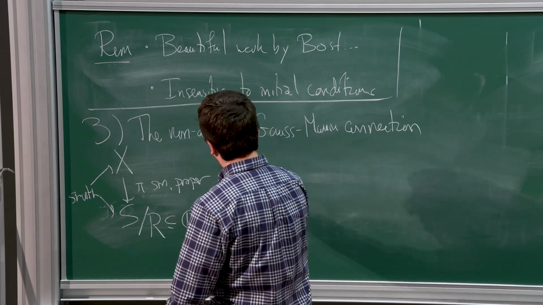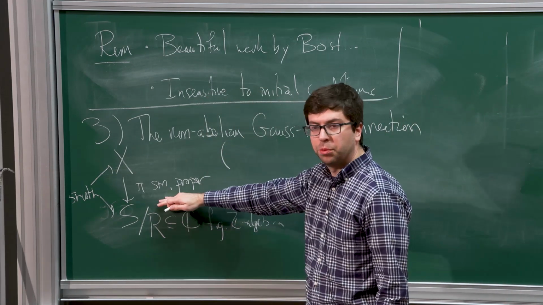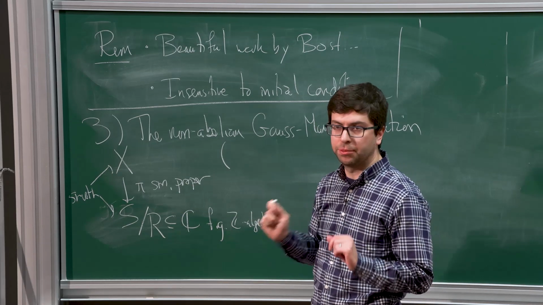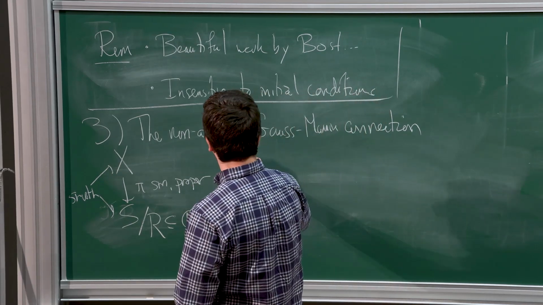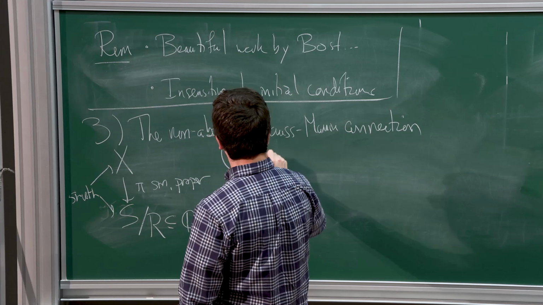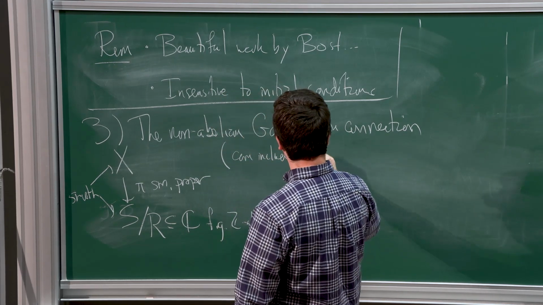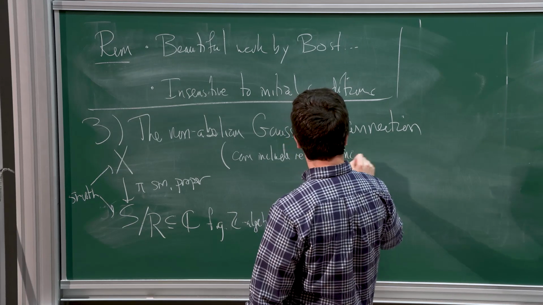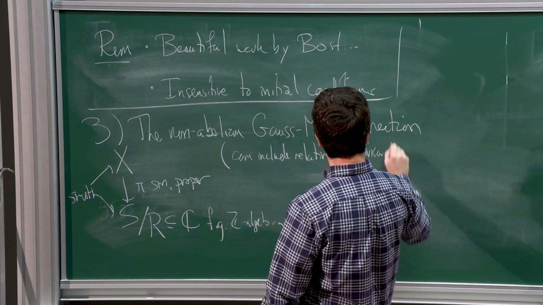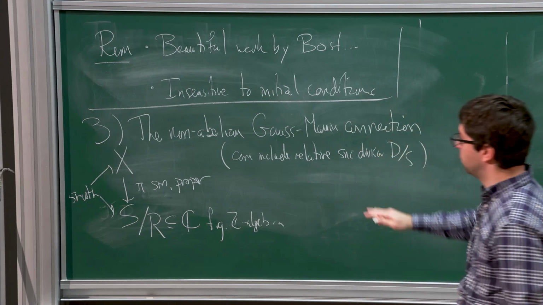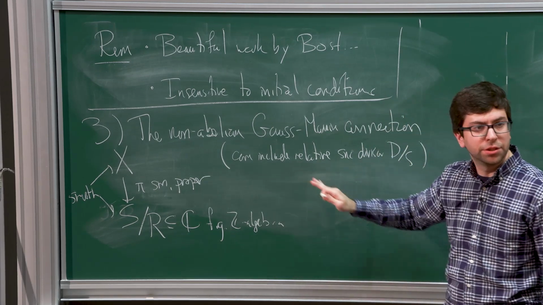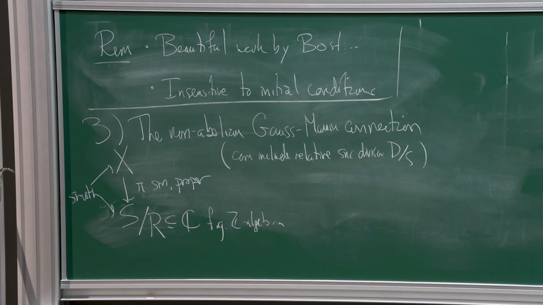For this talk, I'm going to only work in the smooth proper setting, but let me just remark that everything I'm going to say can be done with a relative simple normal crossings divisor D over S, if you study connections with regular singularities, but I just won't say anything about this unless you ask me.